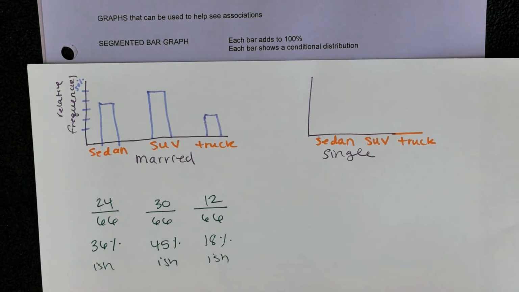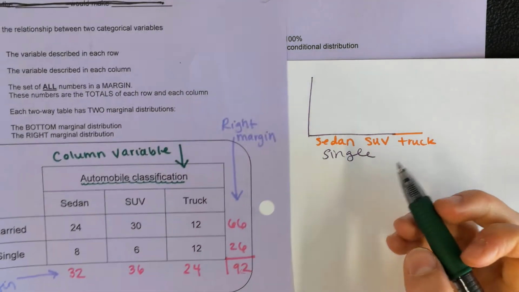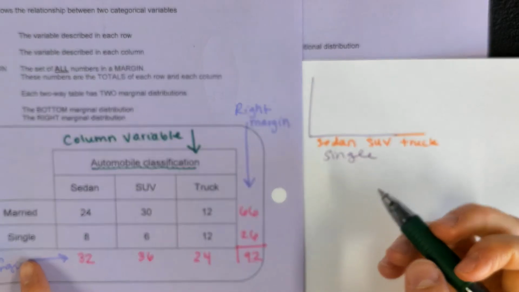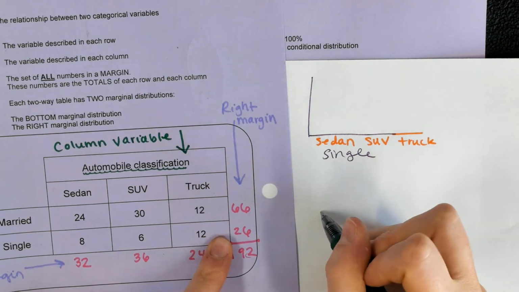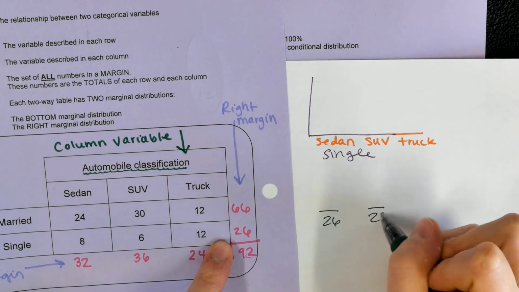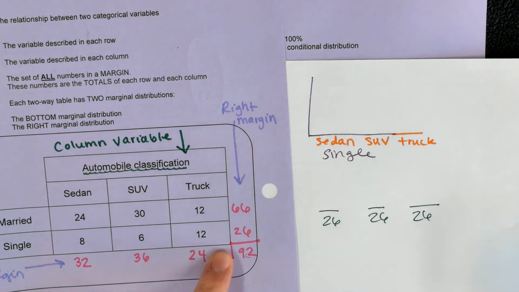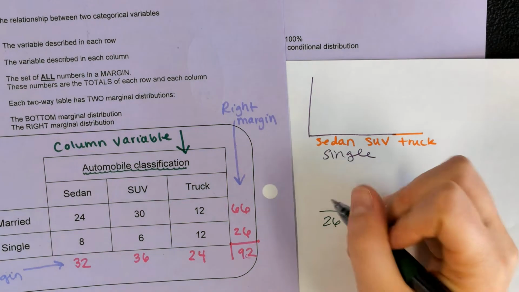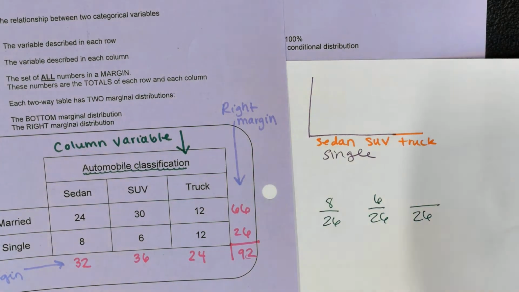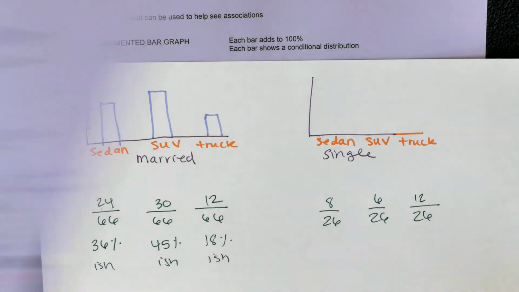And the same thing goes for the single people. So let's go back to our table over here. We had 26 single people that were surveyed and collected data from, and we saw 8 had a sedan, 6 had an SUV, and 12 had a truck.